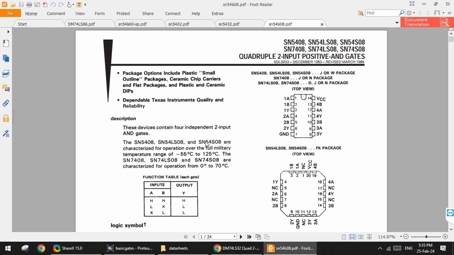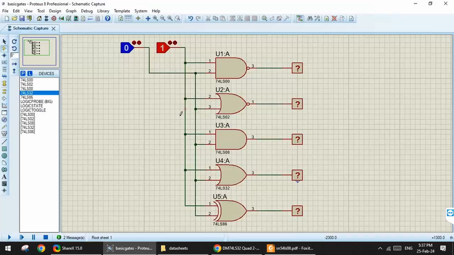Again, you can see 08 is for AND gate, 32 is for OR gate, 02 is NOR, 00 is NAND, 86 is exclusive OR.